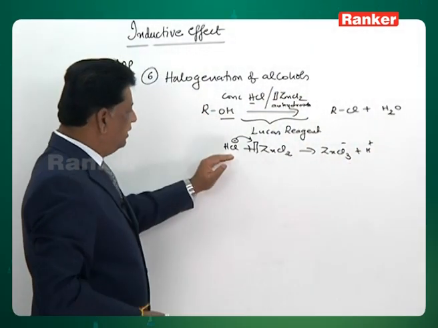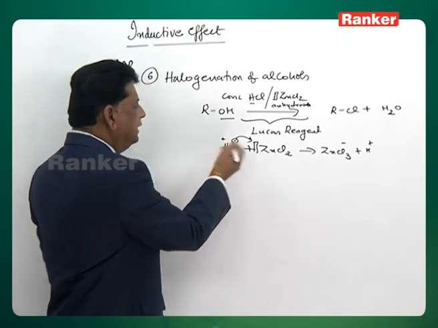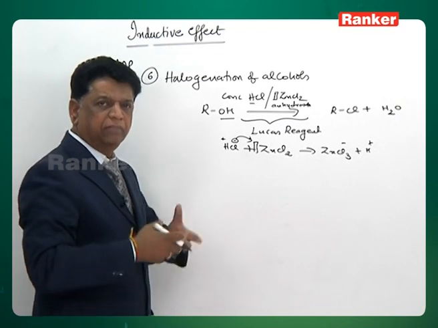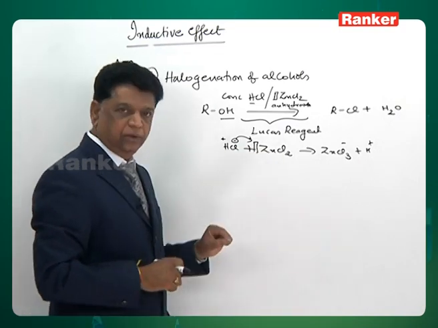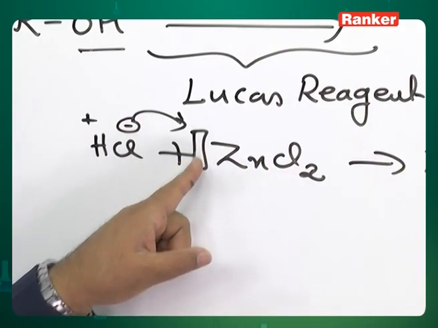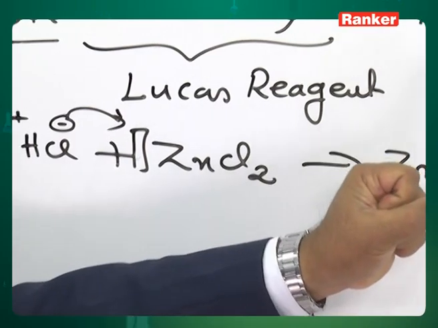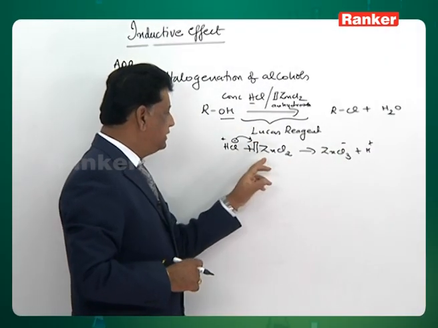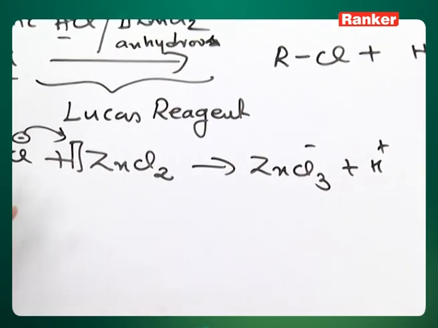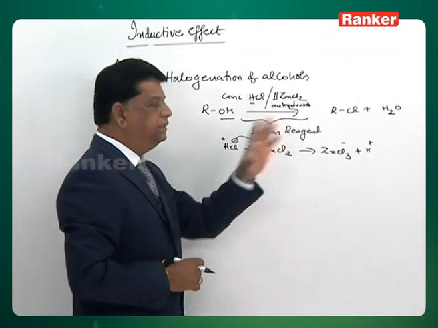Even without zinc chloride, HCl can open into plus and minus, but in the presence of anhydrous zinc chloride, which has a vacant orbital, it accepts the Cl minus readily and becomes ZnCl3 minus and H plus, because it is a Lewis acid, it holds the basic Cl minus part, and the H plus is released.